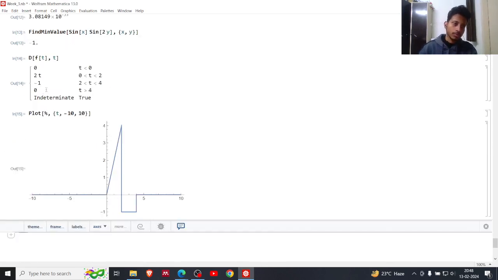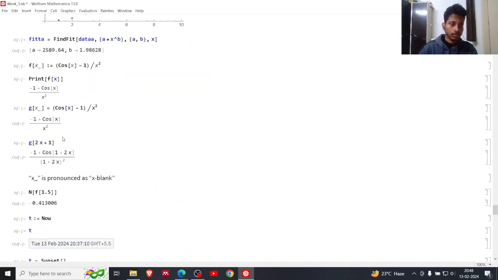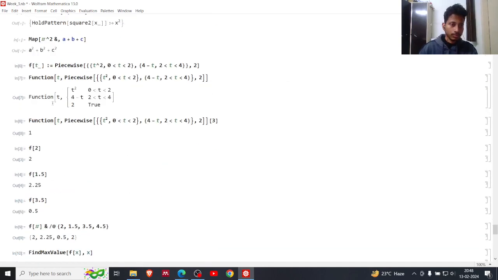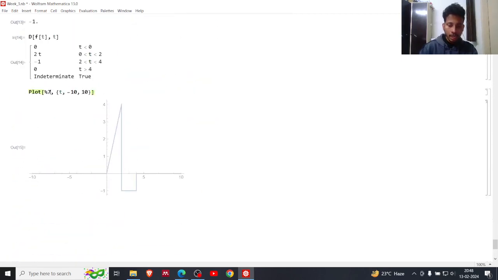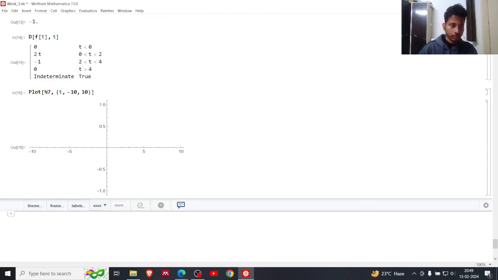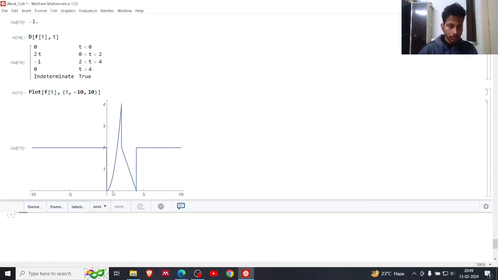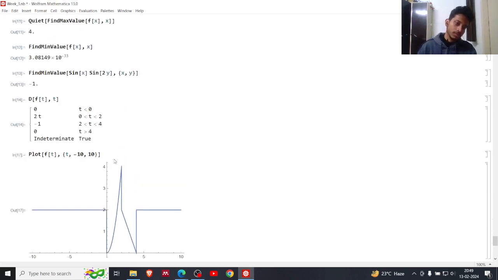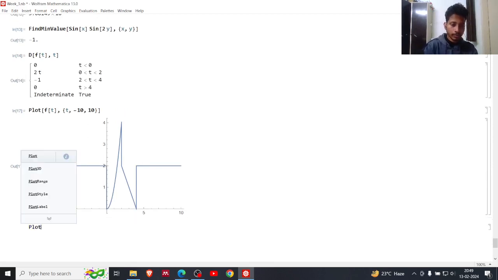So this is the plot of this differentiation, and if we change that, so this is the piecewise plot of the discontinuous function.